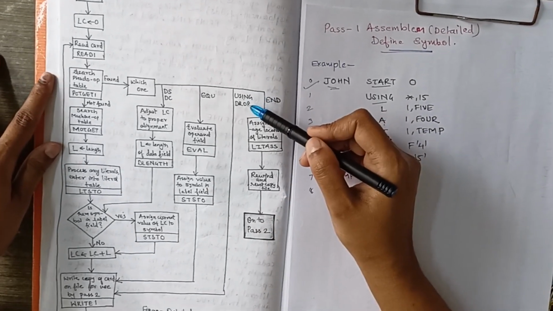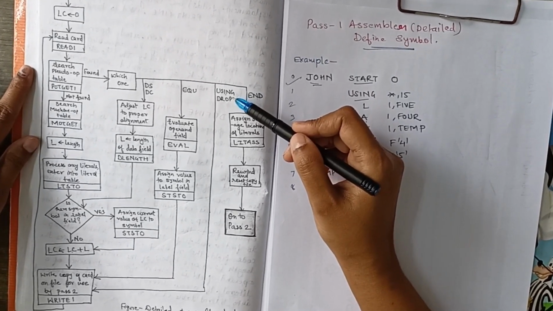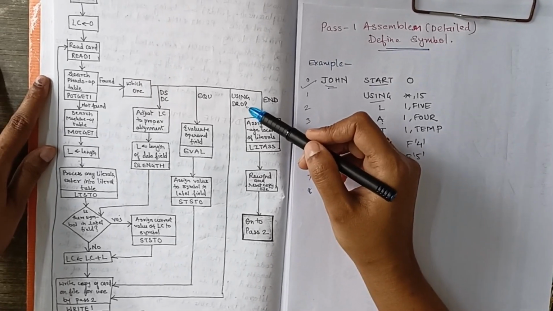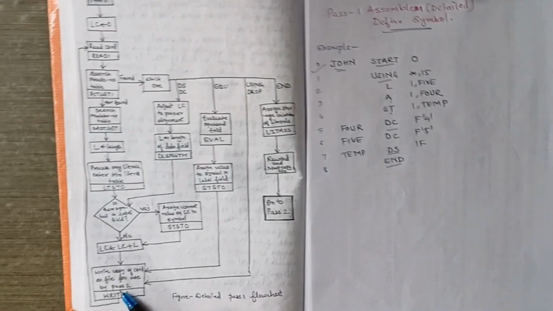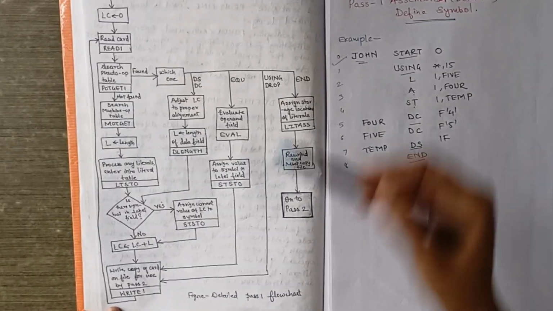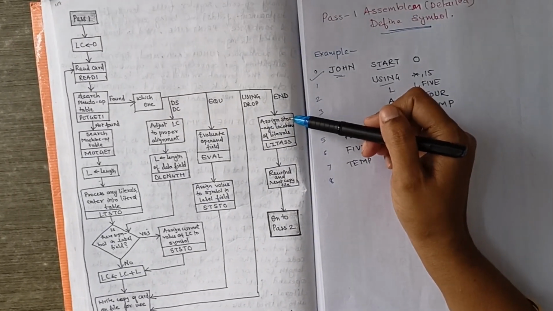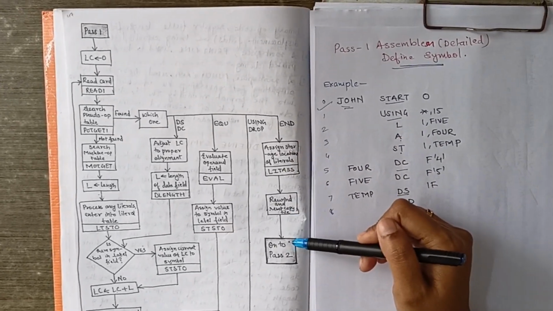If USING and DROP are there, as we have already seen with USING, it gives the base register and the content of that base register. DROP is the new pseudo that we are using in our problem. If these come, it will directly punch them into the card for pass 2, for generating code. Then if END is there, it will assign the storage location of the literals, rewind it and go to pass 2.